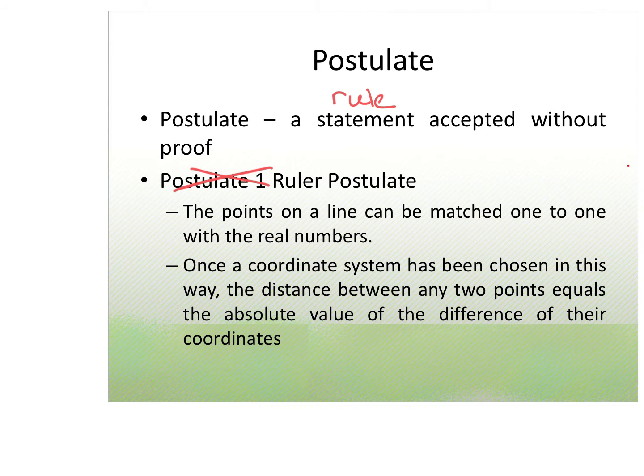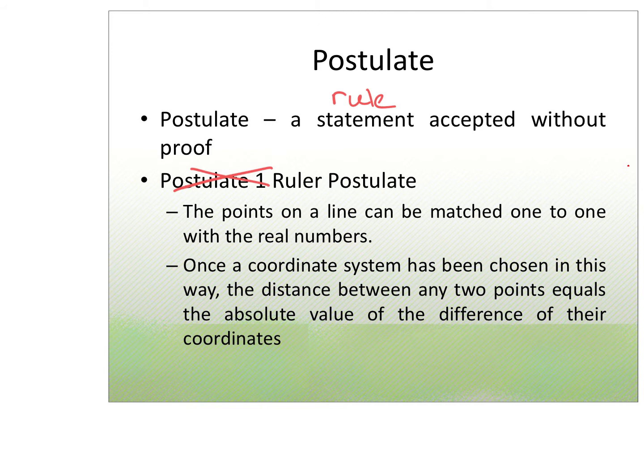The reason why I'm not having you memorize the numbers is because when you take the SAT or the PSAT, they're not going to give you a question that says, pick which multiple choice answer restates postulate 1, because every textbook numbers their theorems and postulates differently.